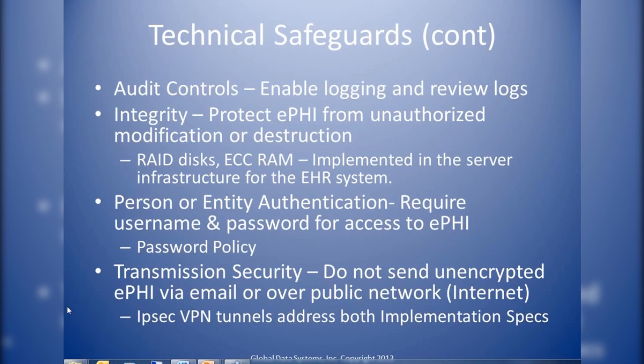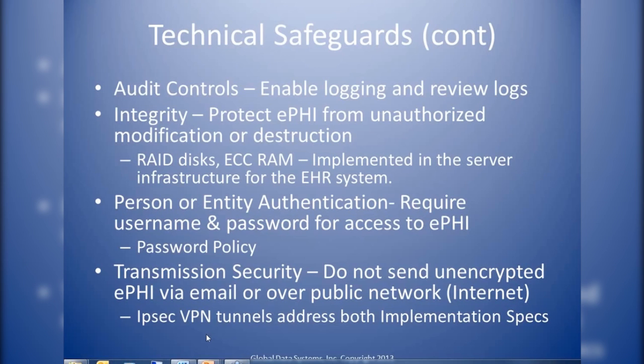Integrity. Integrity is one of the three things that we need to protect overall with our patient records because of the security rule. We want to make sure that we can trust the information, that it hasn't been altered or modified or destroyed. But we're talking about technical safeguards in this case. So examples of technical safeguards that protect integrity are, well, technical.